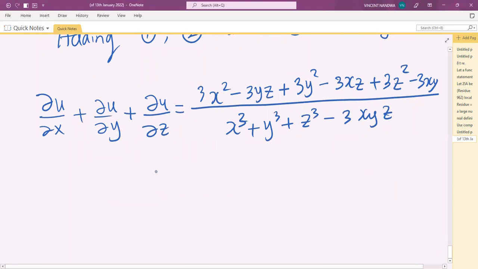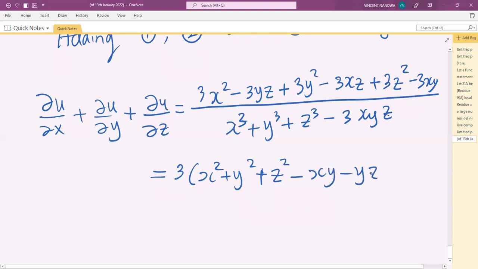And then you can write this sum as, bring these squared terms together. So you can say 3 into x squared plus y squared plus z squared, and then minus, because I've factored out 3, xy minus yz minus zx.